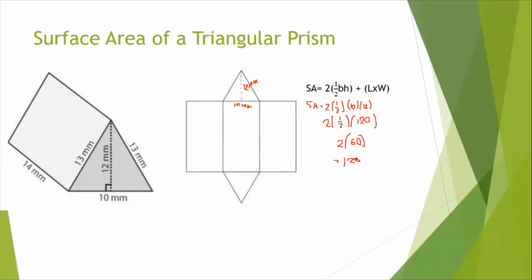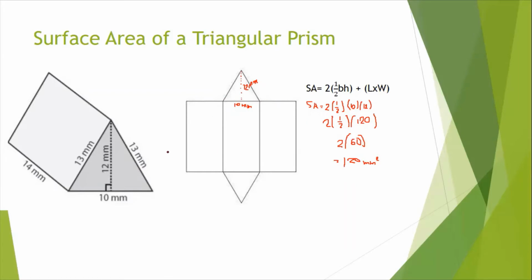So we already found the area of the two triangles, which is 120 millimeter squared.